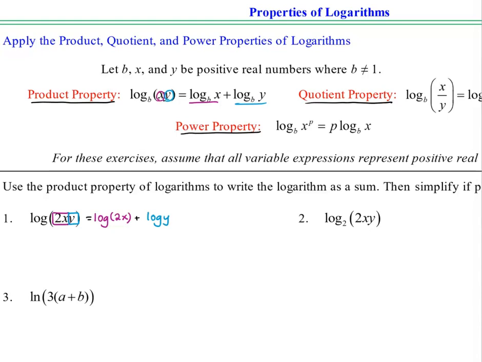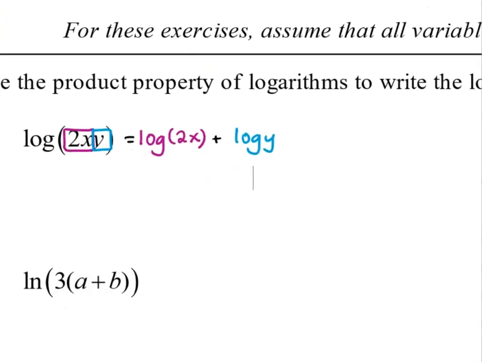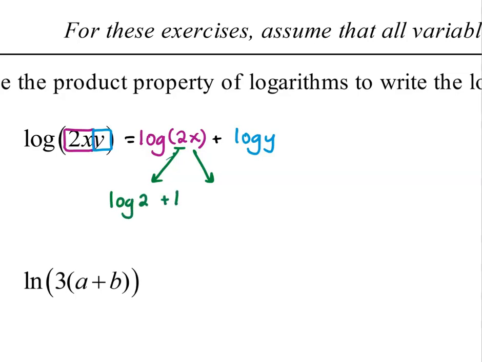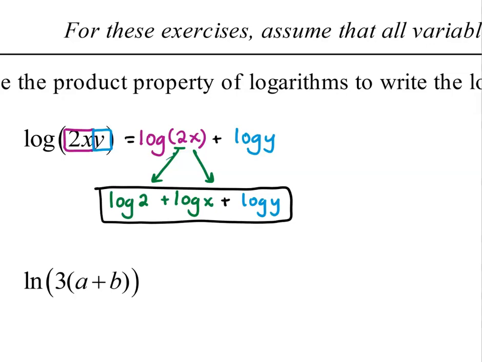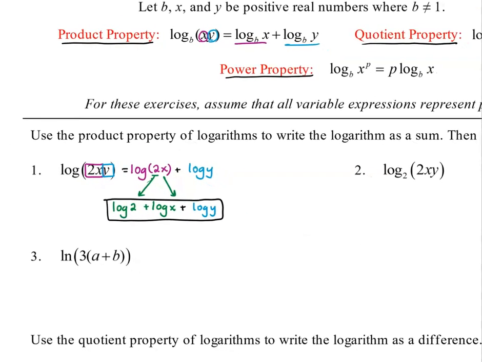Now the first logarithm of log 2x still has another product on the inside of it, of 2 being multiplied with x, and so this one can break down even further to give us log 2 plus log x, and then I'll bring down the log y that we already had. And there's our final answer of this one logarithm expanded into 3 separate logarithms.